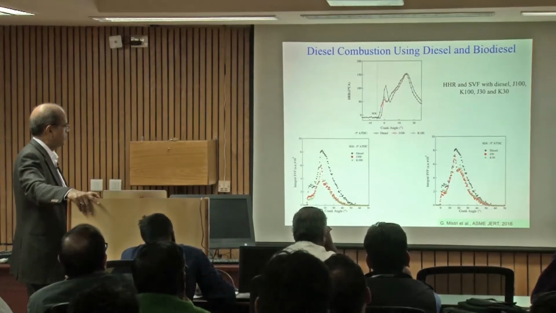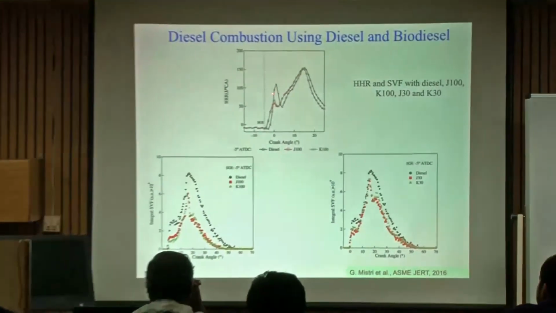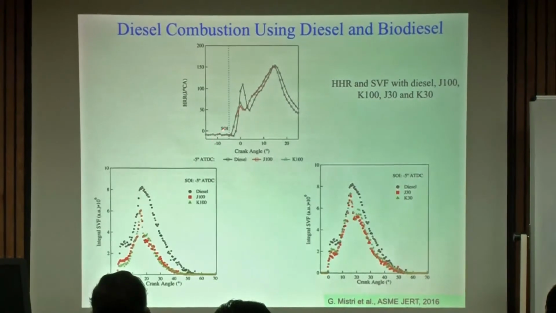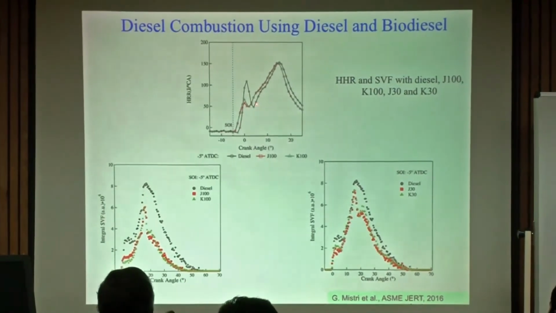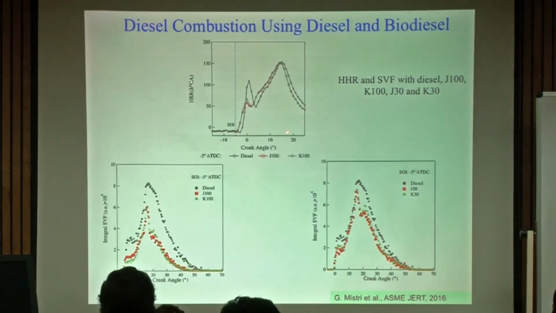So this is in a diesel engine. This is a typical heat release rate profile in diesel engine combustion. Here the injection was started at 5 degrees before the top dead center. It says -5 after the top dead center, so it's 5 degrees before TDC.